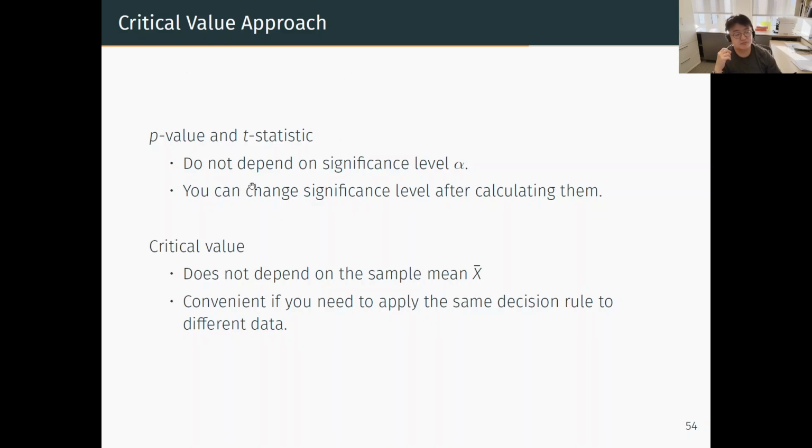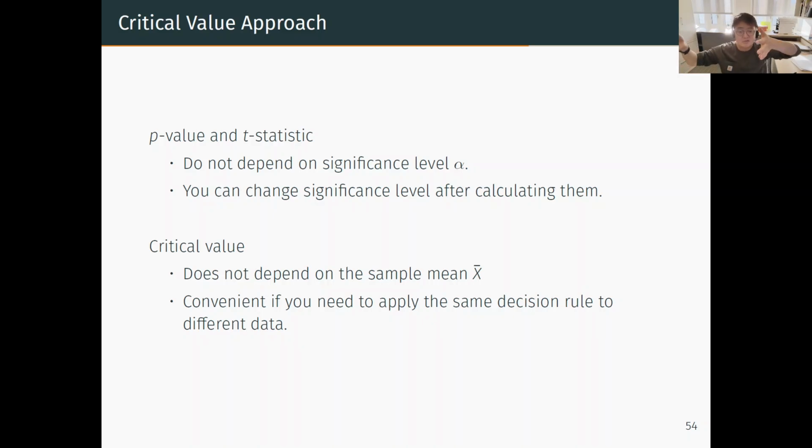But with the critical value approach, you can just obtain the critical values for a given significance level, and then you can easily change the sample average, right? So if you want to apply the same rule to multiple data or multiple groups, then critical value will be more useful, more convenient, right?